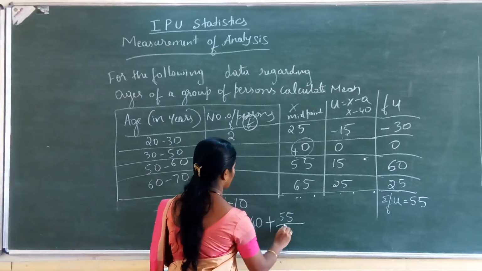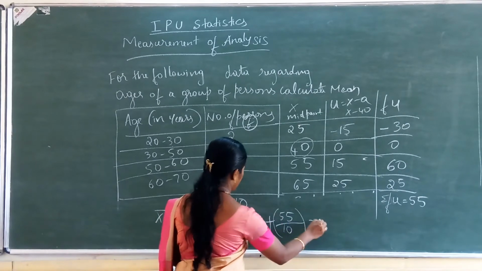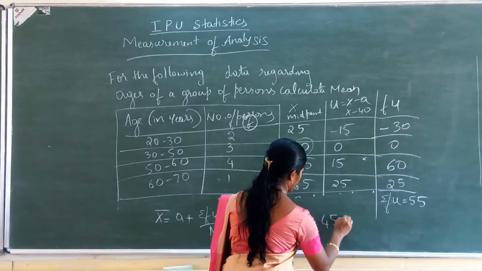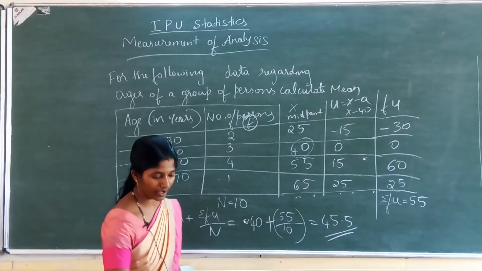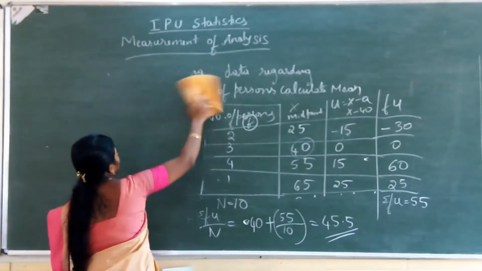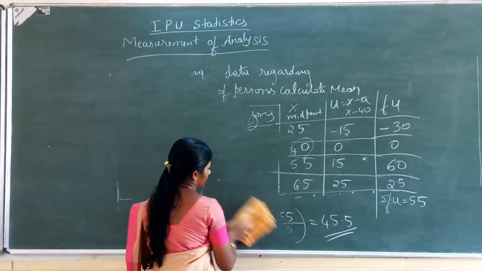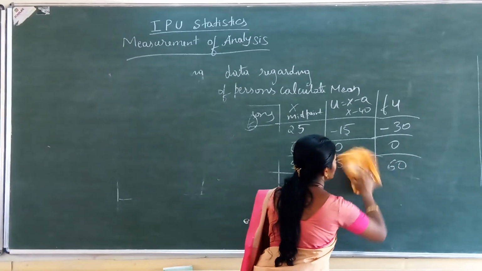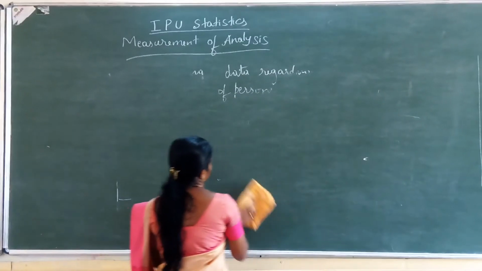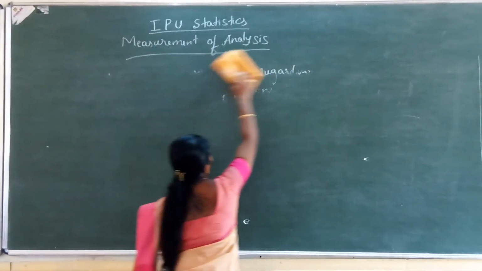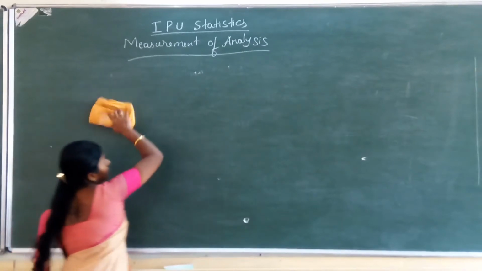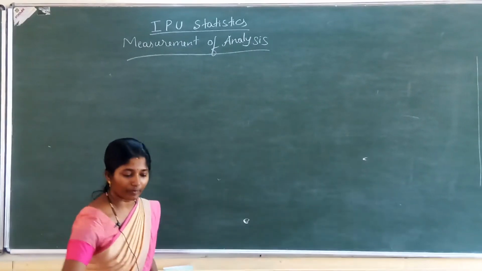N is the total frequency, that is 10. Our answer is 45.5. So these are the problems of continuous frequency distribution, both inclusive and exclusive, by the direct method or the shortcut method, where in the shortcut you can use the deviation or step deviation method.